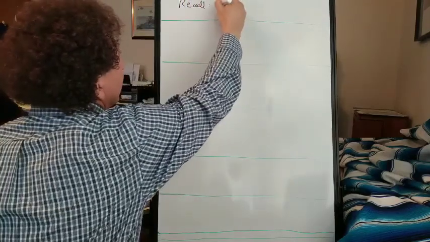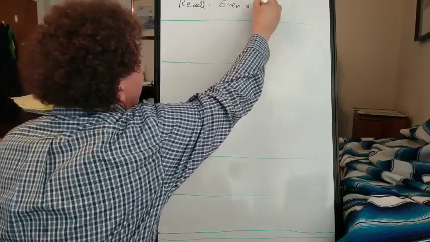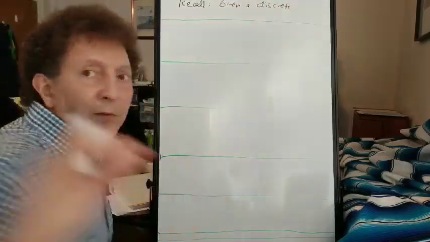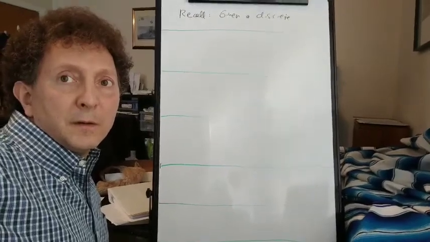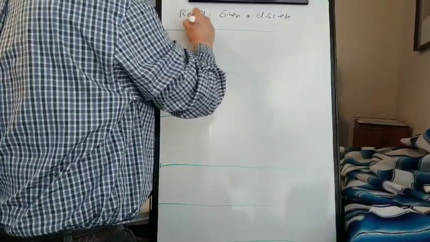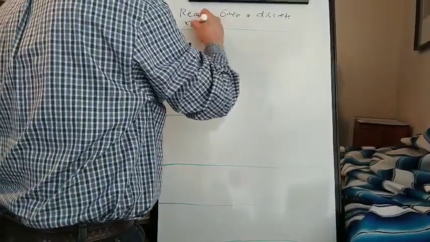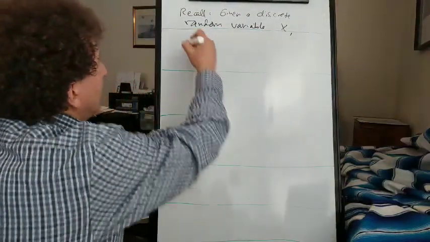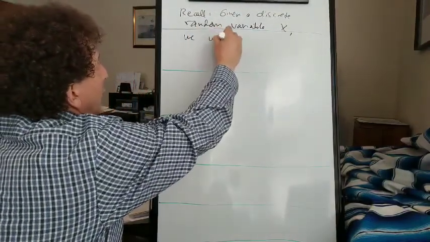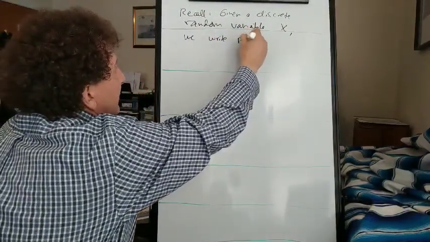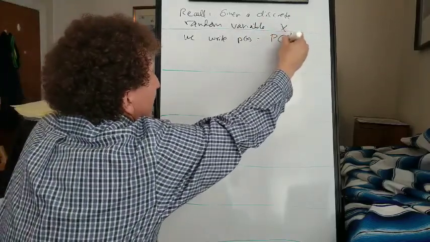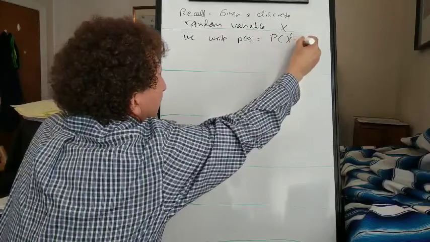So recall that given a discrete random variable X, we write little p of little x for the probability that our random variable capital X takes the value little x.